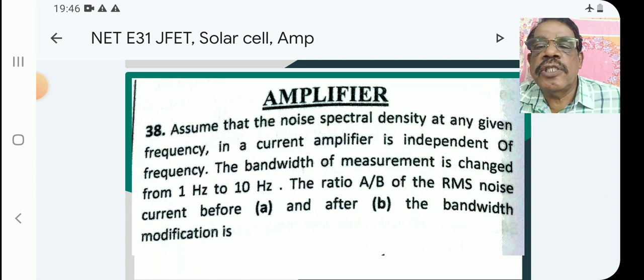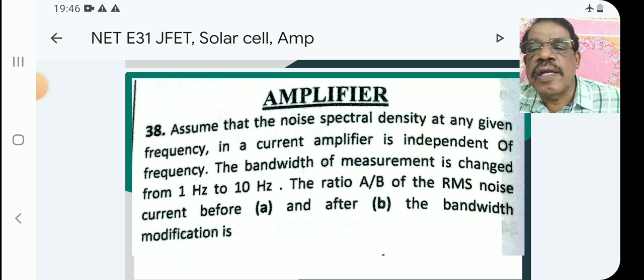Assume that the noise spectral density at any given frequency in a current amplifier is independent of frequency. The bandwidth of measurement is changed from 1 Hz to 10 Hz.